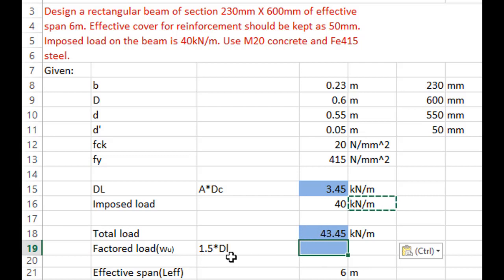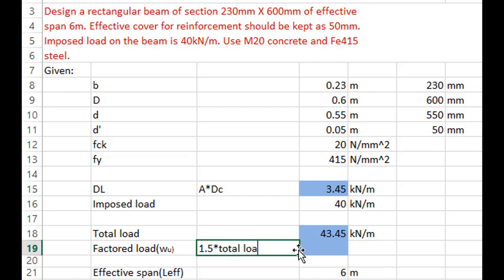Now factored load is nothing but we have to multiply the total load with the factor of safety, which is 1.5, into the total load. So let us do that. 1.5 multiplied by the total load is here. So this is the factored load, which is nothing but Wu.